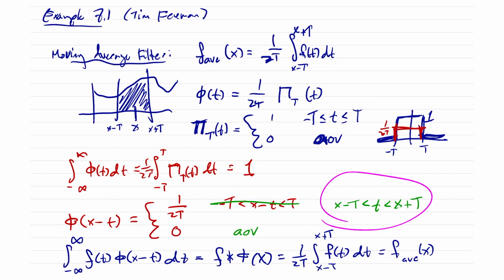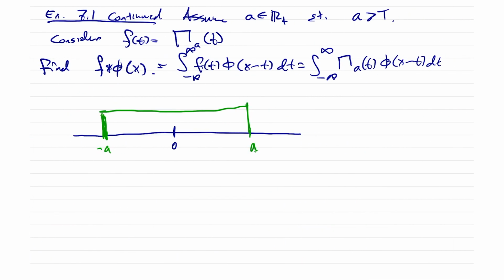T must be between x minus t and x plus t, and otherwise it is 0. So we're going to have some sort of window that we're going to be moving like this, and we know it's smaller than a. So this is going to be x minus t and x plus t.